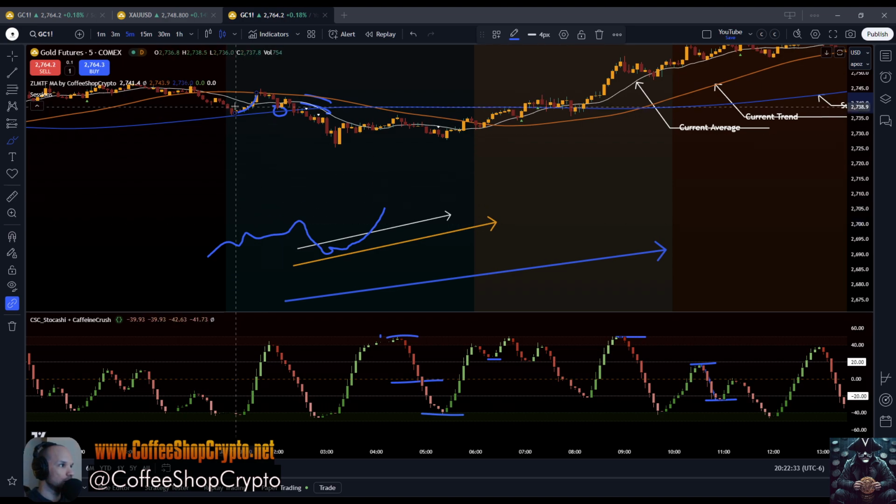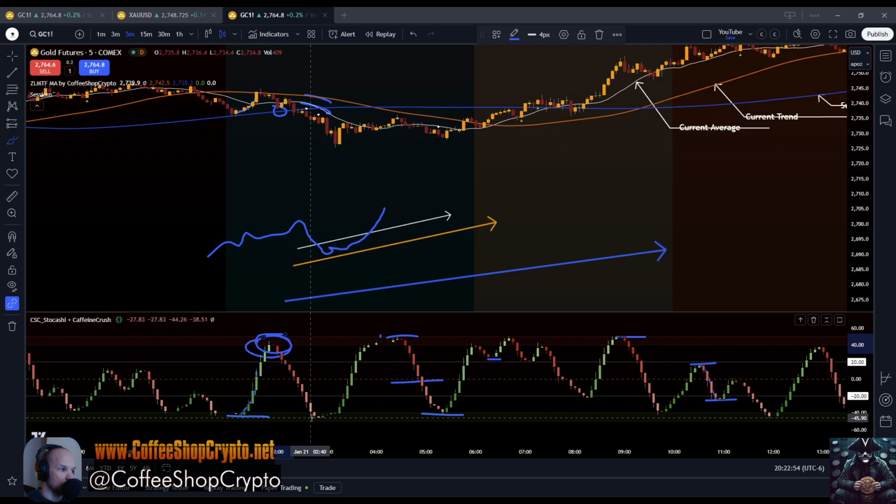Why? Because your current trend and your higher time frame trend, they're upside down. You're looking for shorts, so that means you're looking to be on the high side. How did you get to the high side of the Stochastic? You got there from the low side and you crossed through zero. That means this should be a good entry for a short.